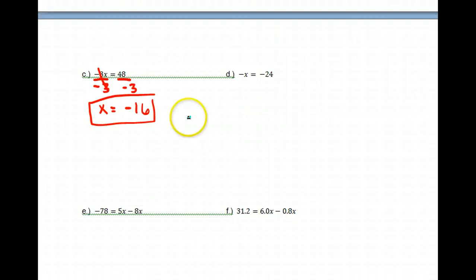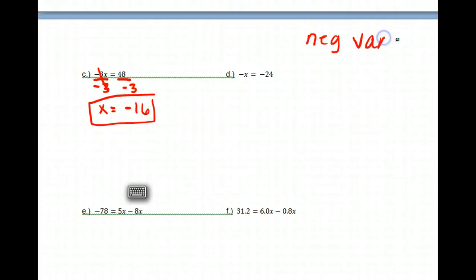Letter D. We have -x equals -24. Please keep in mind that a negative variable is not simplified. You must always take that one step further in order to turn your variable into a positive variable.